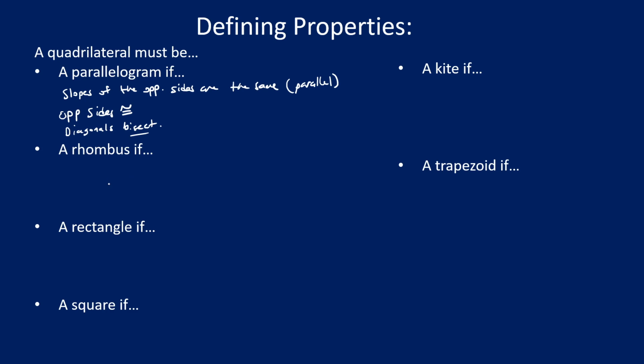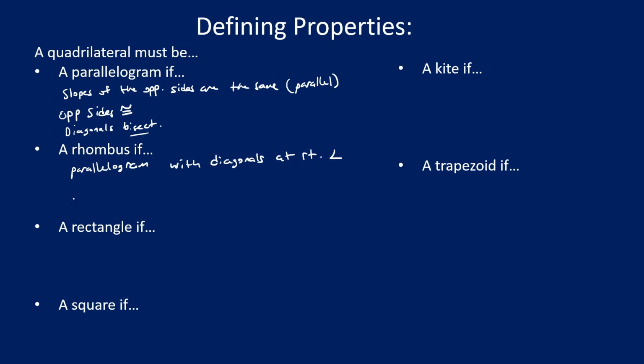We will decide if something is a rhombus if, 1, it's a parallelogram, and 2, if the diagonals are at a right angle. That is one way to do it.